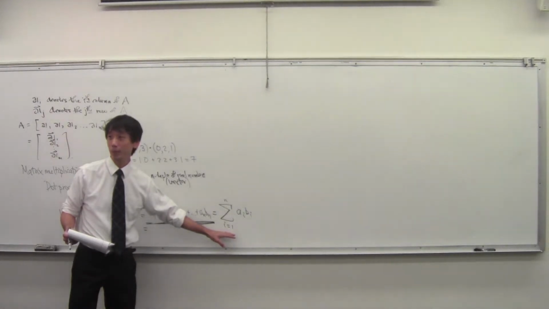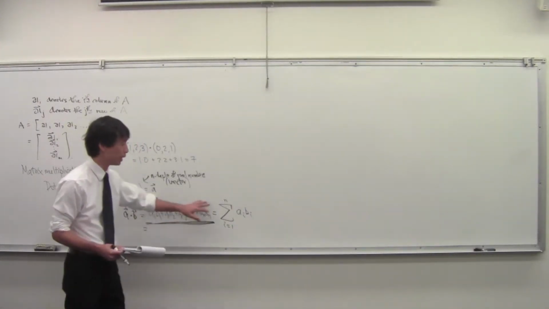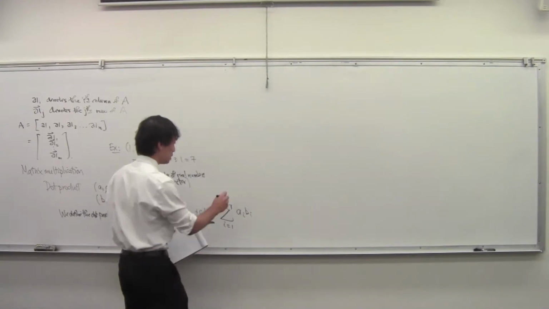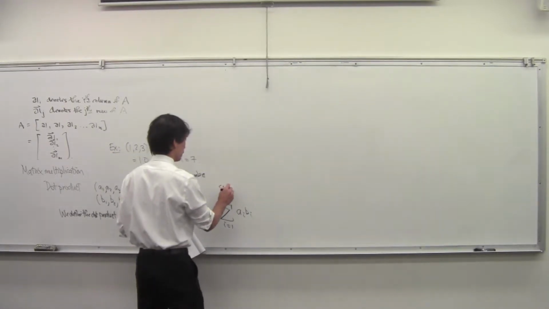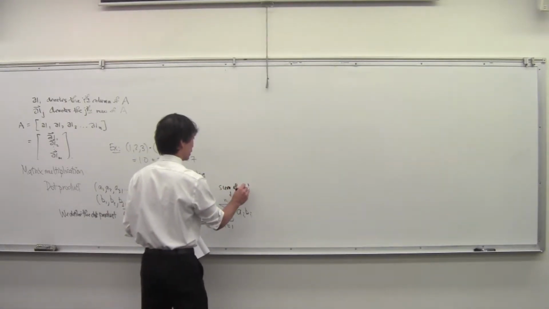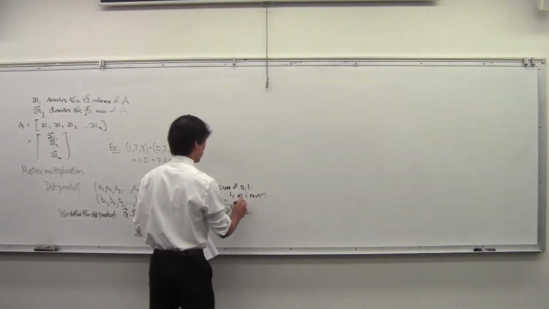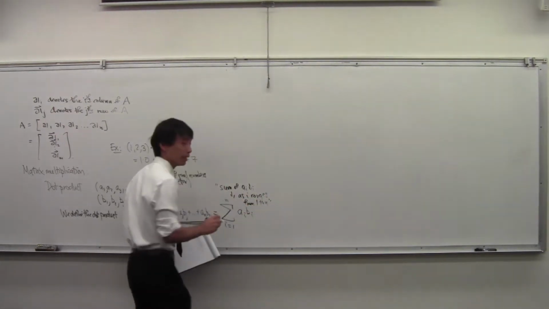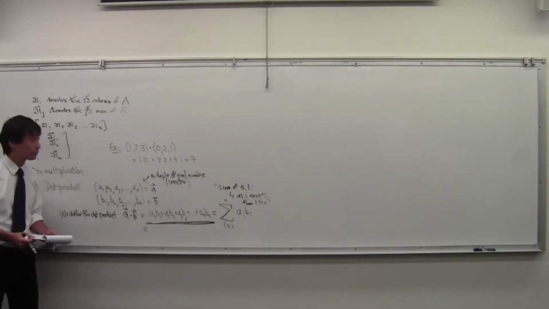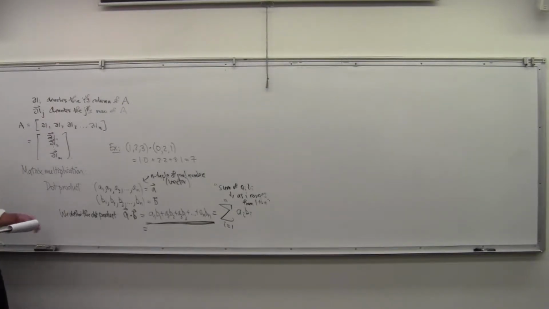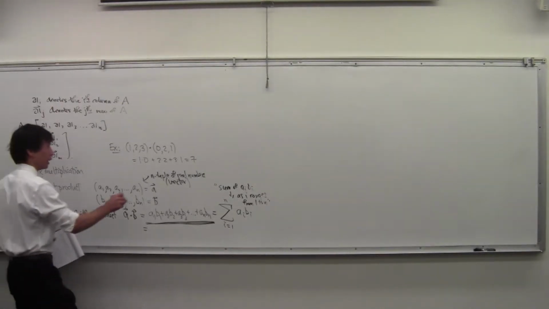Everybody okay with that? This is the sum of ai bi as i ranges from 1 to n. That's how you read that in English.